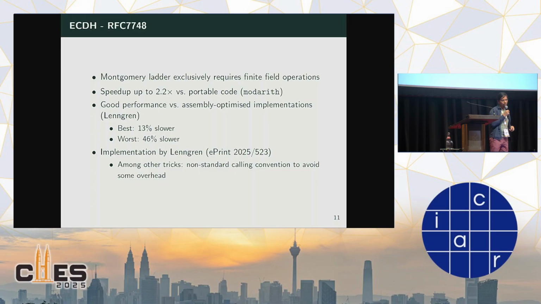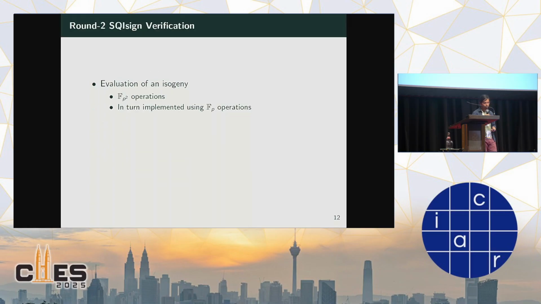The thing is that he uses some non-standard calling conventions to avoid certain overhead. So as I was saying before, we can reach very fast implementations, but if we need to move this to another platform, or generate code for another prime, it's maybe not extremely straightforward to get other implementations.